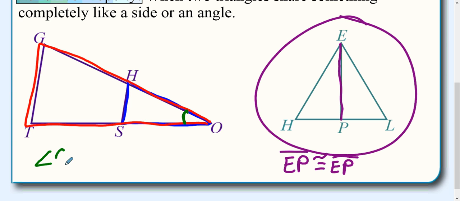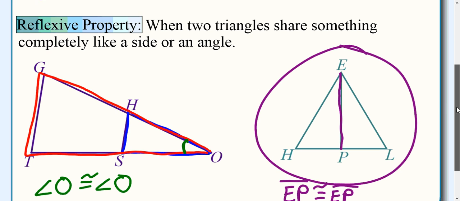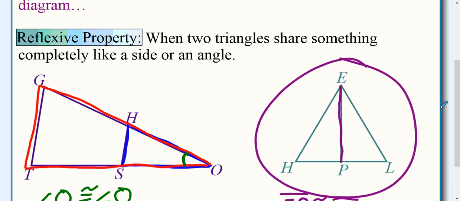So if you're using reflexive property for that, you would say angle O is congruent to angle O. It's always going to be the same thing on both sides of the congruent symbol. That's the reflexive property. You're looking for something that they share that you can say is congruent to itself, and is part of both triangles. And again, that's called the reflexive property.